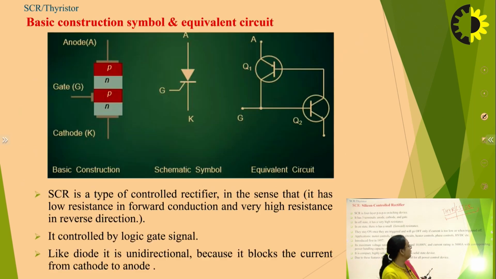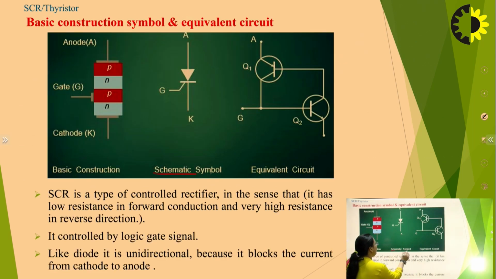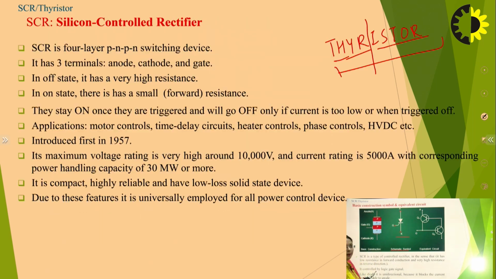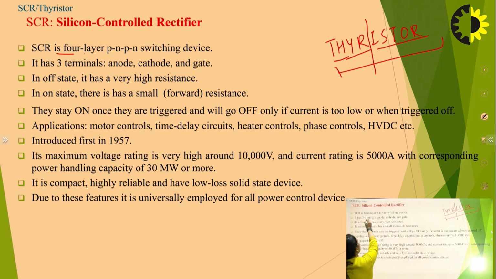This is the symbol for the SCR, and it has three terminals: anode, cathode and gate. It has four PN layers along with the three terminals. So you can say it is a 4-layer PN switching device having three terminals: anode, cathode and gate.